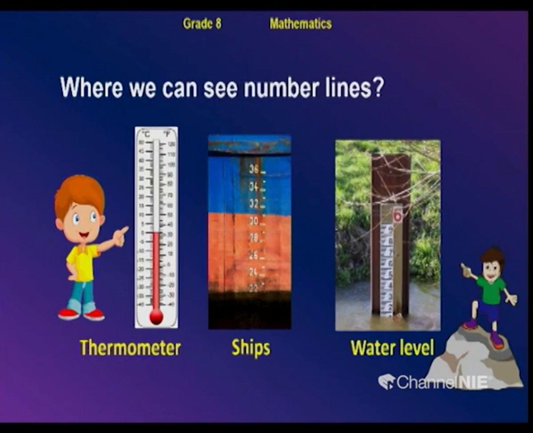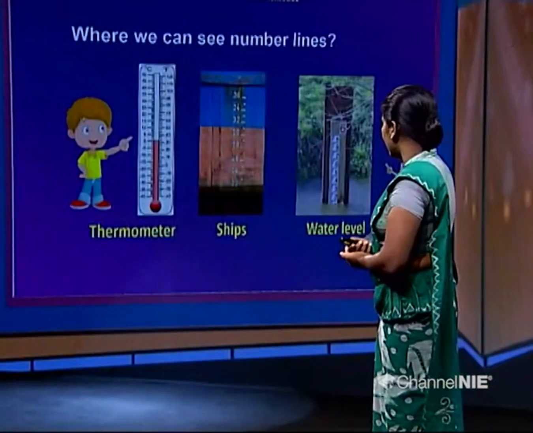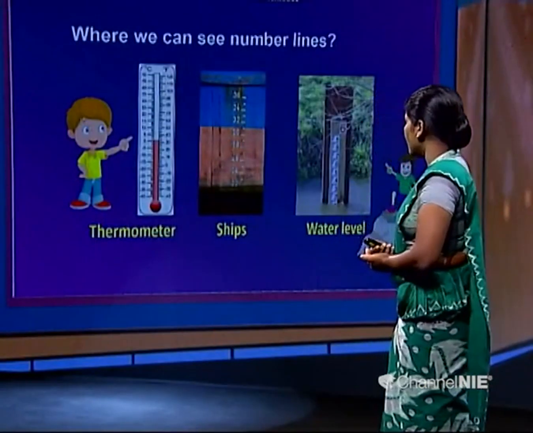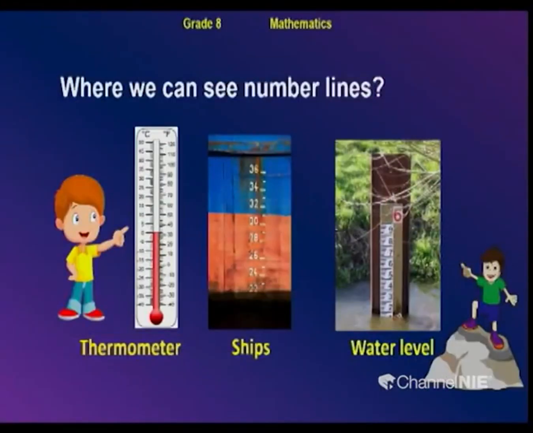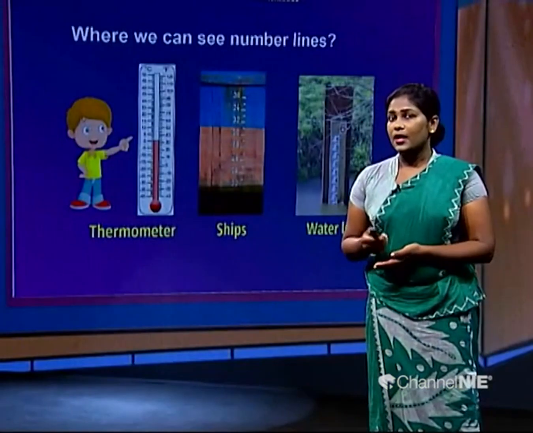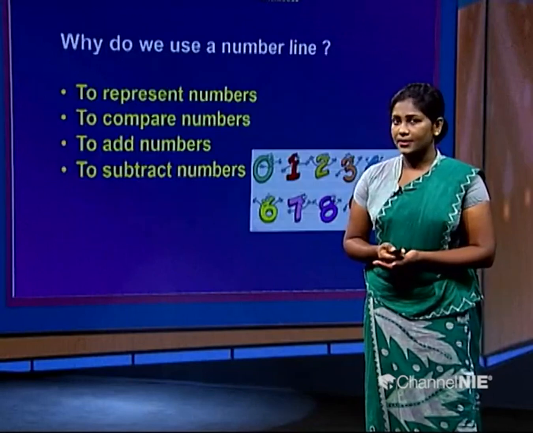When we consider the thermometer, you can see the negative and positive numbers here. Negative and positive numbers, and 0 is also there. When we consider the ship, there are numbers but only positive numbers. And also you can use these number lines to measure the water level in a river. Now, move on to the next slide.